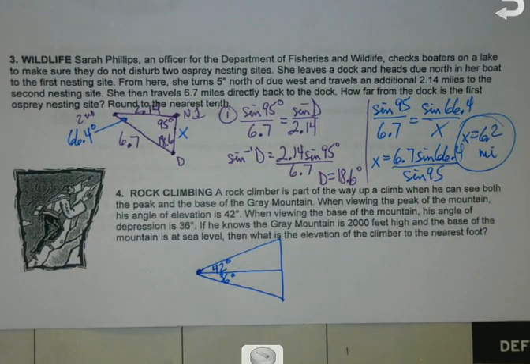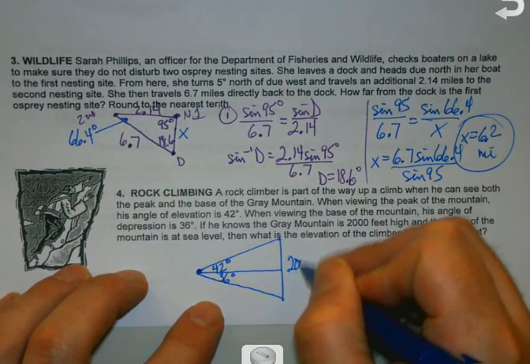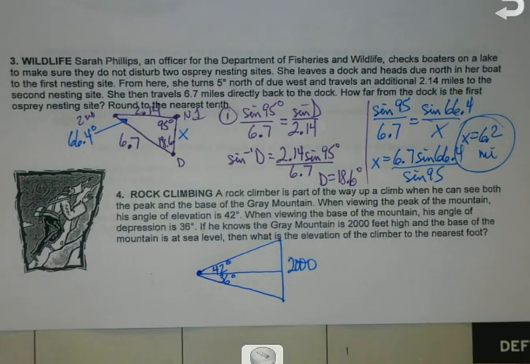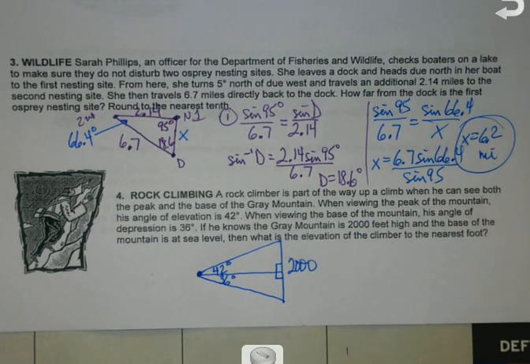So once I know that, he knows Great Mountain is 2,000 feet high, so top to bottom, this entire side would be 2,000. And again, they make right angles with it. What is the elevation of the climber to the nearest foot?